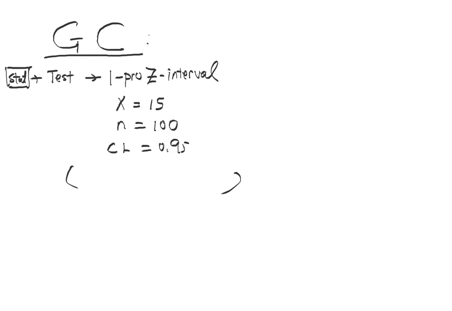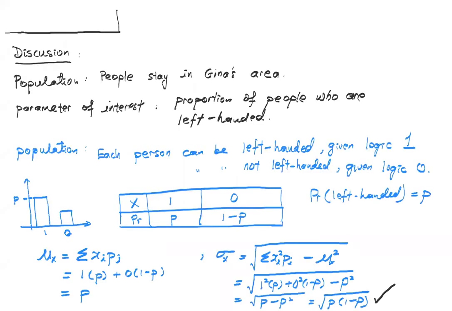Okay, so first of all, we know that when you talk about proportion, it's definitely not a numerical value. So we give that kind of logic, 1 and 0, and so on and so forth. Then we find the mean of the population and the standard deviation of the population according to what we have learned.